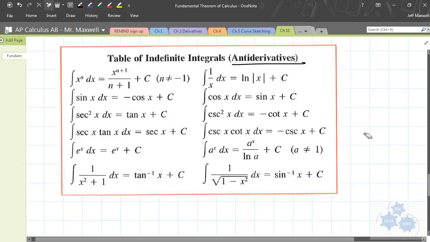Yep. This one, sin x? Okay. Why is this negative cos x? Because remember, when we take the derivative of cos, it's negative sine. So if we have negative sine and we take the derivative of negative sine, we get negative times negative sine, which is positive sine.